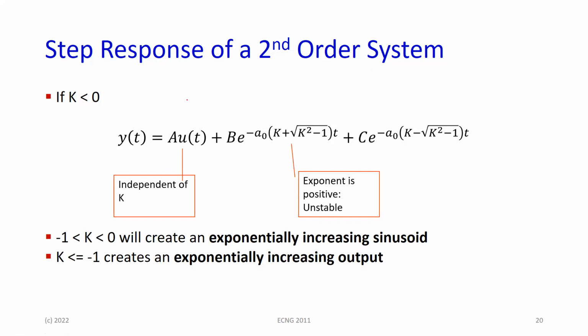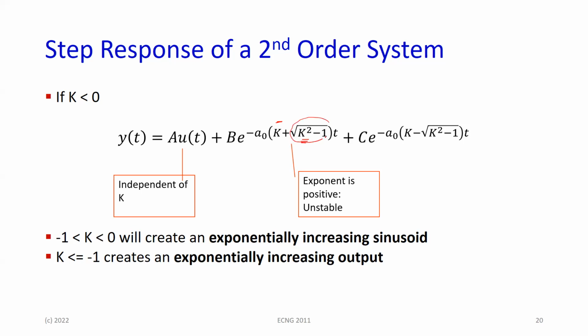If k is less than 0, it means that this is going to be negative, right? If k is some value, k squared is positive, right? If k is less than 0, meaning that k squared is positive, so k squared minus 1 will be a positive answer.